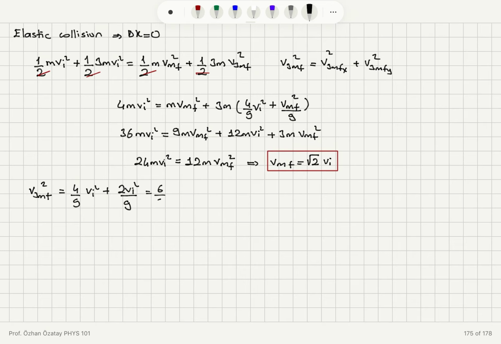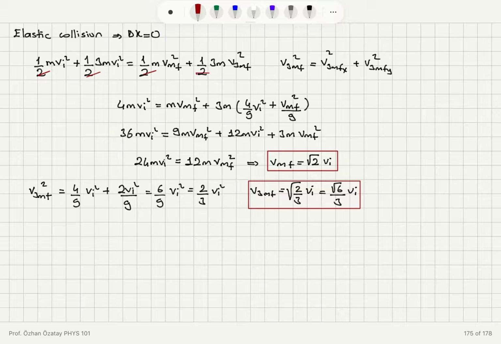So that is 6 over 9 vi squared, which is 2/3 vi squared. So we can see v3m final is square root 2 over 3 vi or square root 6 divided by 3 vi. So I know the final speeds in terms of vi.